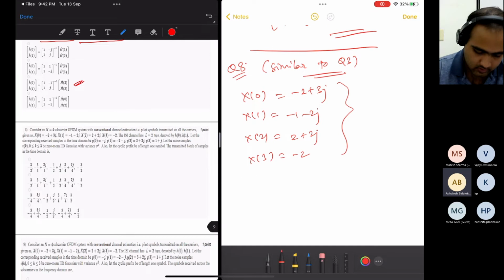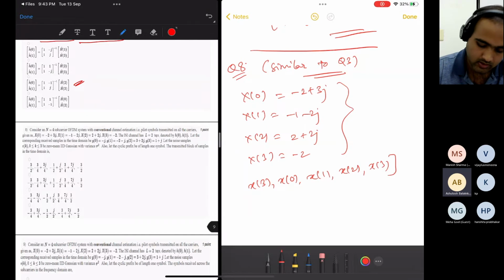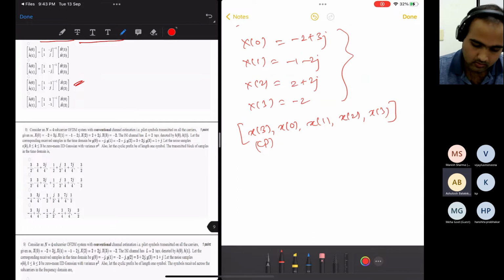So now what we are asked is the transmitted block in time domain, right? So we are asked x3, x0, x1, x2, x3. This is the block which we are transmitting, and this is my cyclic prefix, right? So what do we need to apply? We will again be applying the IDFT.